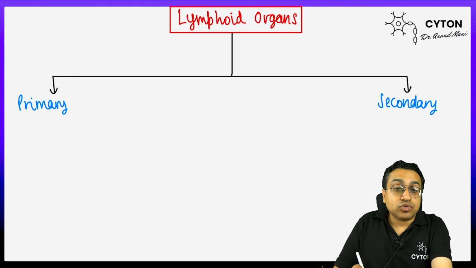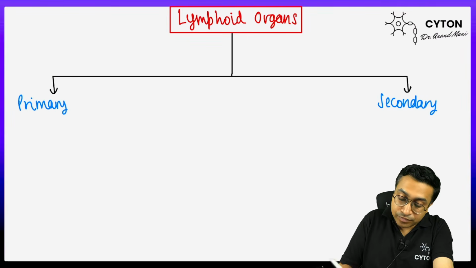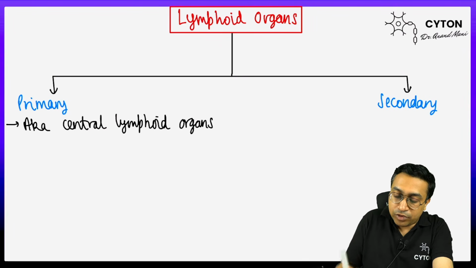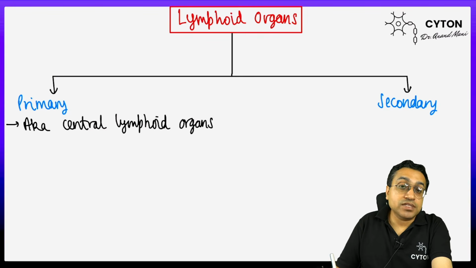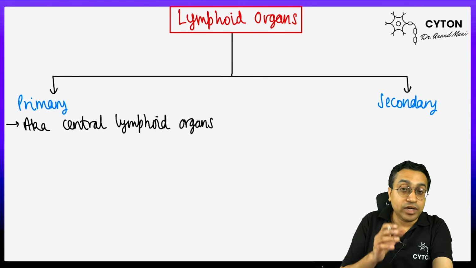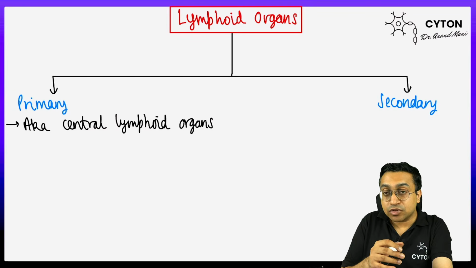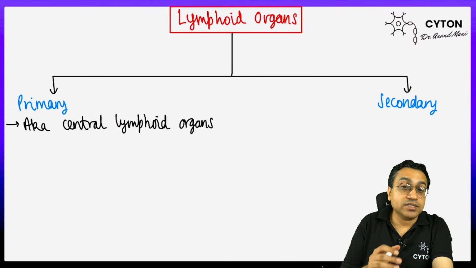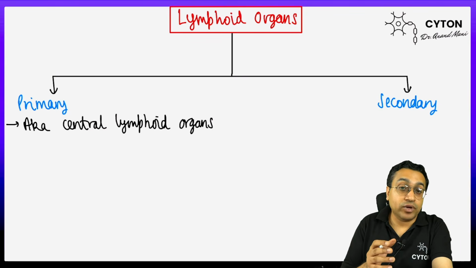Okay, so the primary lymphoid organs are also known as central lymphoid organs, okay. These organs produce the immature lymphocytes from the stem cells or the immature cells. And what are the examples? So that is the thymus and the bone marrow, okay.